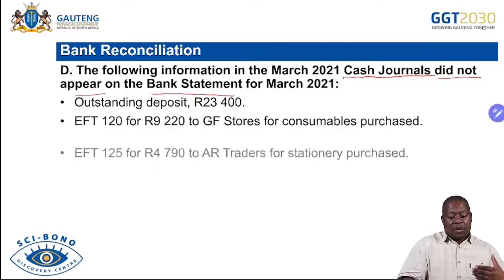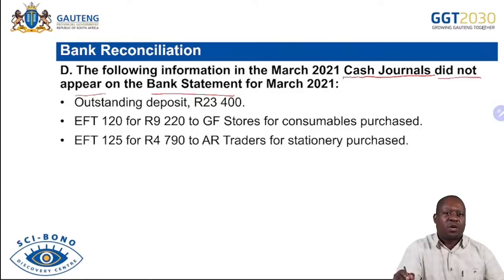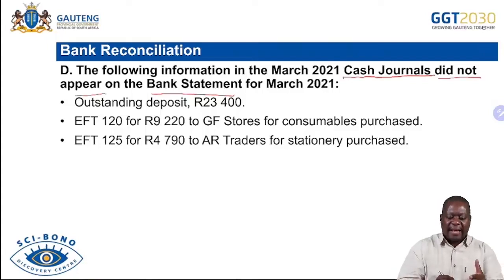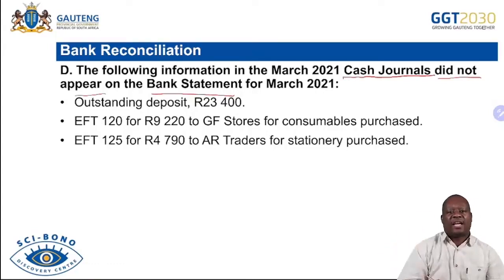Now, we have got two EFTs, electronic funds transfers. So these are transfers that we are making as payments to certain individuals. These are still outstanding. They have not yet reflected on our bank statement. So we are going to have them as outstanding EFTs. They are just like the outstanding deposit.